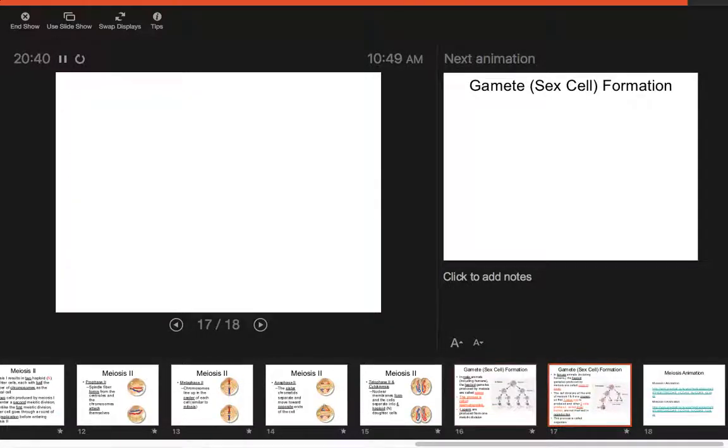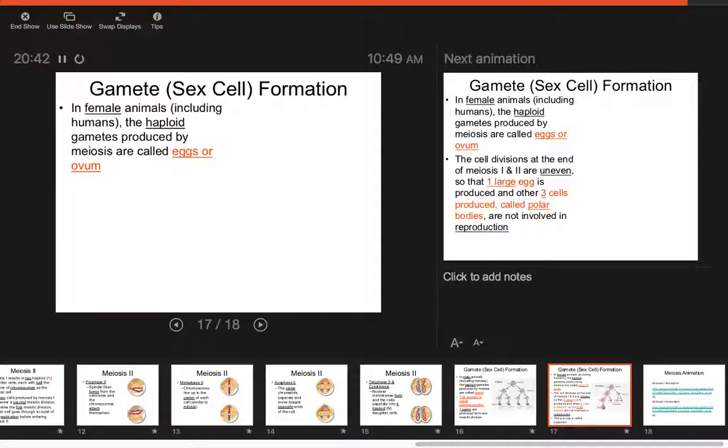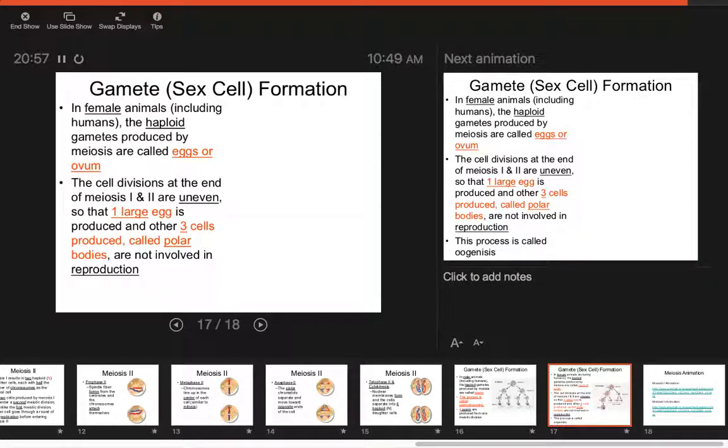Now, with females, it's a little bit different. With females, theirs are called oocytes. Those are the cells that enter meiosis to become an egg. But when meiosis 1 and meiosis 2 happen, specifically telophase, the cells don't divide evenly.